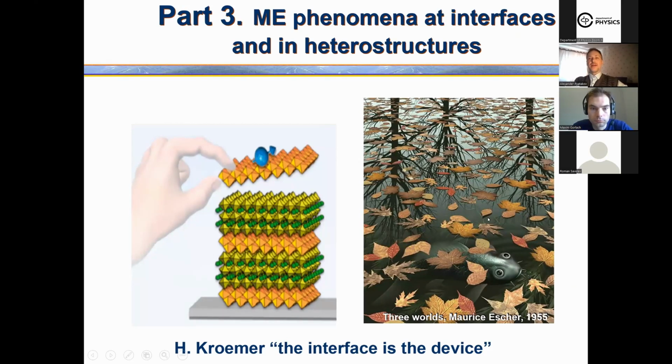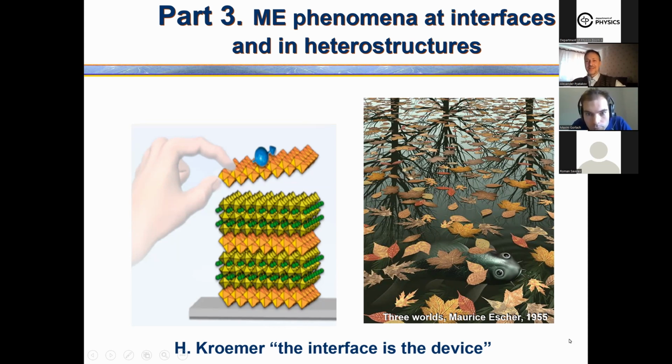Well, the third idea, how to make electric polarization from magnetization, from magnetic order, comes from this picture, in fact. It is called Three Worlds.